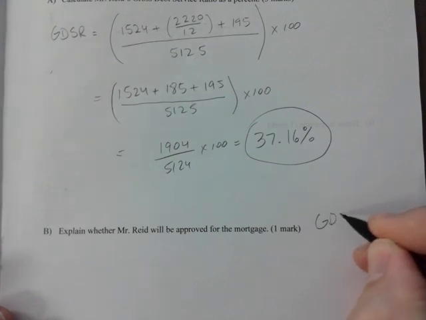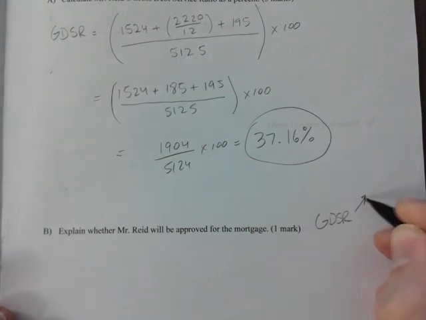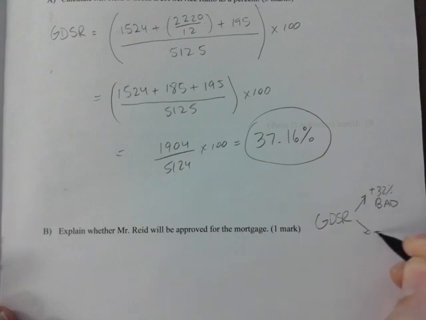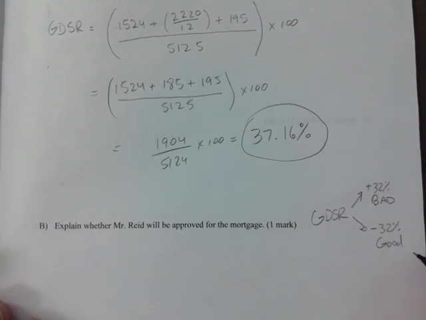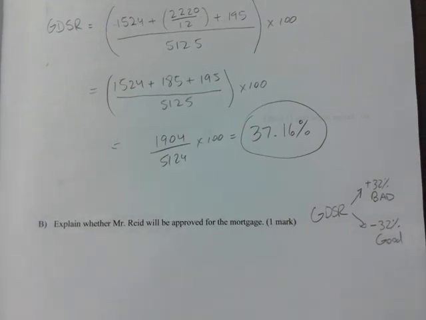If the GDSR is above 32%, this is bad. If it's less than 32%, that is good. Okay, so you have to be careful. All these ratios have different ways that they will test you on it.